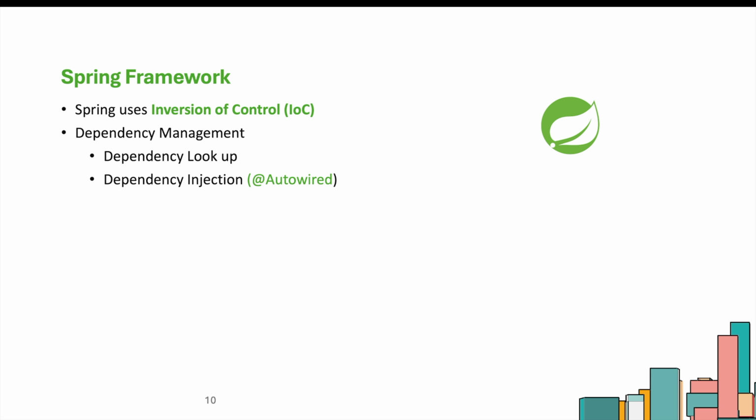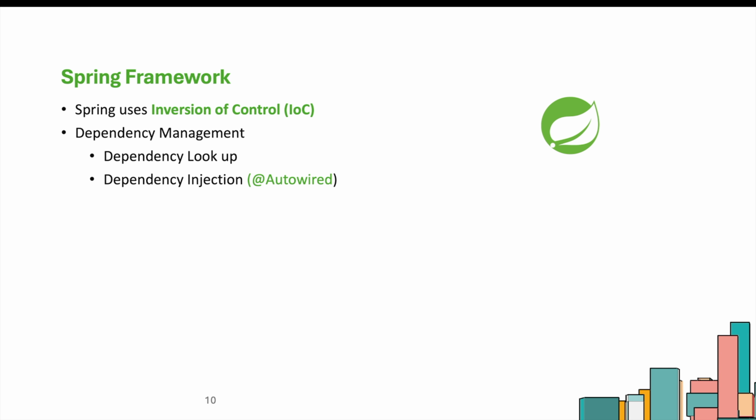It will execute the methods if you call them, and it will create and end the components. We are not going to create components at runtime, and we are not going to destroy components at runtime. Like a garbage collector, but in a smarter way, Spring takes care of controlling components.